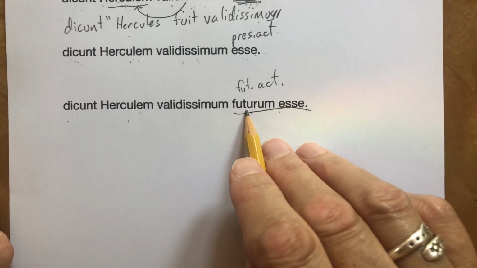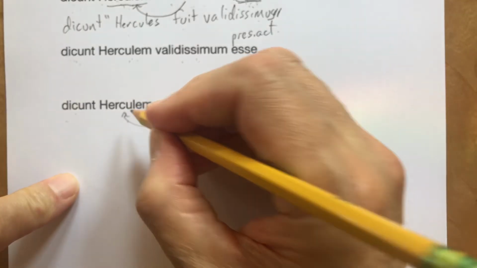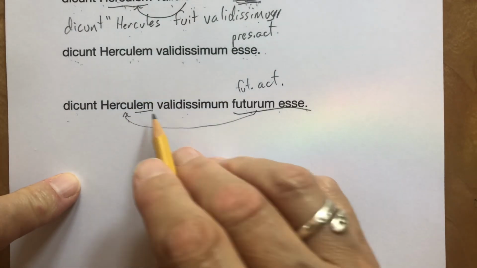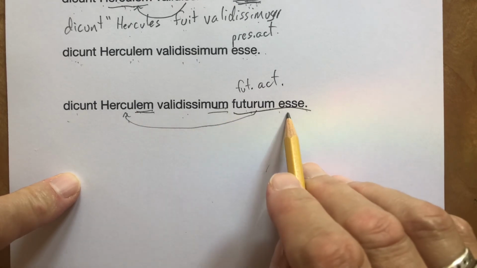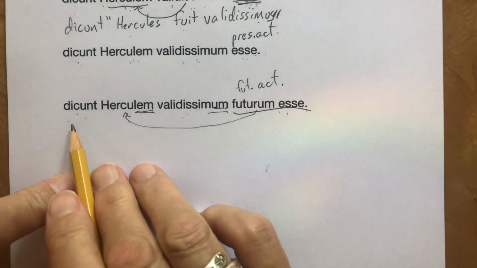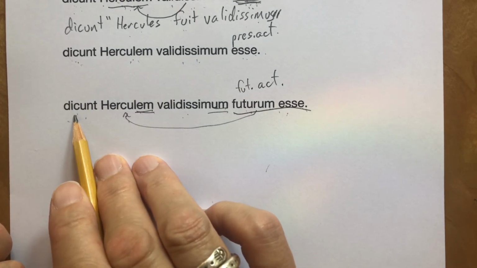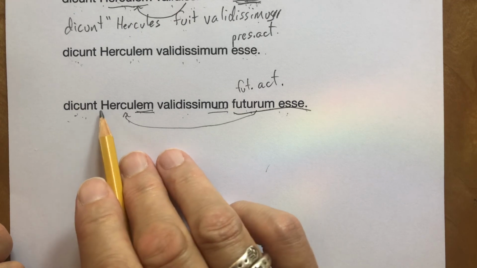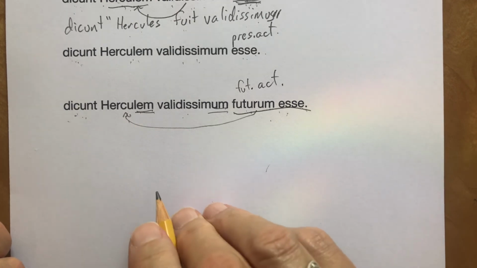And you can see futurum in the accusative, because it does have to modify Herculem. Herculem in the accusative, subject accusative, verb infinitive in indirect statement. And you can see here's a verb of saying, and the qualifications are verbs of saying, seeing, hearing, knowing. They take that subject accusative, verb infinitive in the statement.